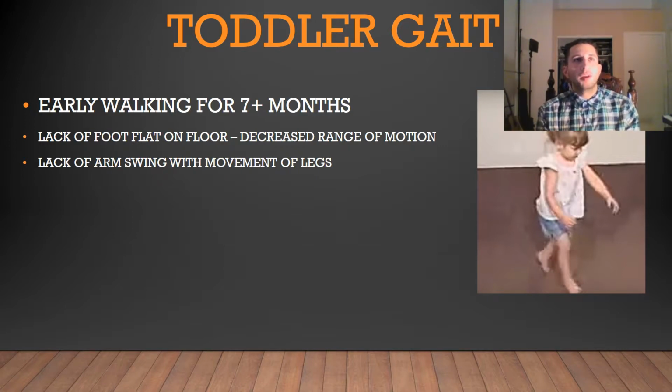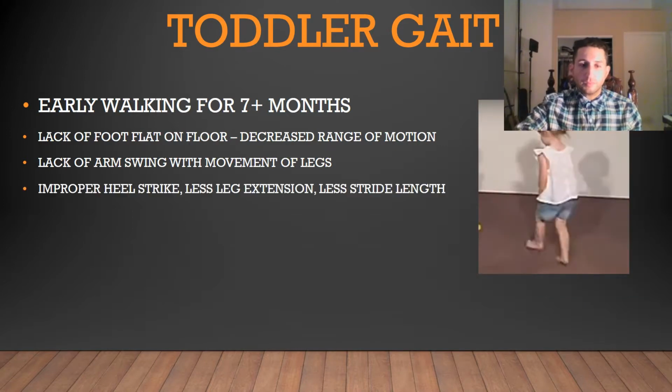As the patient gets older, these types of patterns when compared to the normal adult gait should be observed more often. So it could indicate deficiencies, which I'll go over here in a bit. Also, there was improper heel strike, most likely due to that plantar flexion of the feet, less leg extension, and less stride length as well.